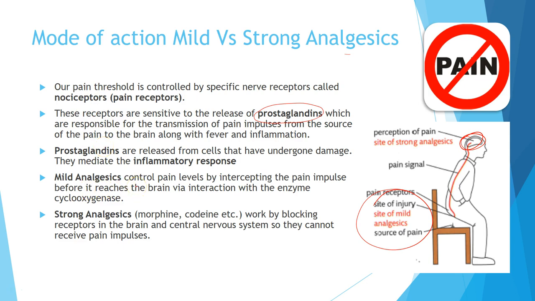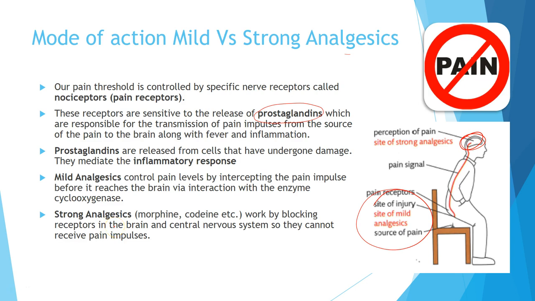Mild analgesics control pain by intercepting it in this system here. So they're working on the nociceptor prostaglandin mechanism. Okay, and these cyclooxygenase, we don't need to know those specific ones like COX-1 and COX-2 in detail for this part of the option.